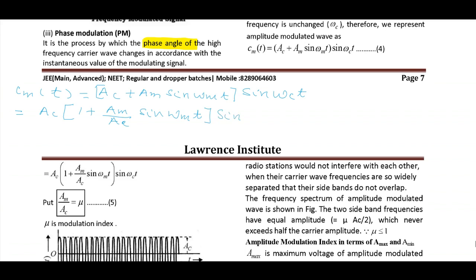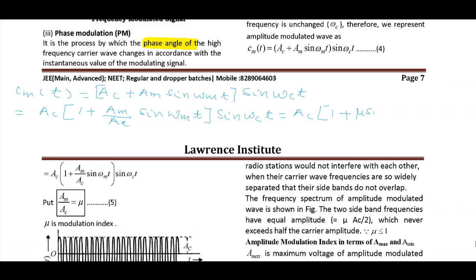The whole of this is multiplied by sine omega Ct. I will take AC as common, and inside we have 1 plus mu, where mu is AM by AC, the ratio of the amplitude of the modulating signal to the amplitude of the carrier signal.